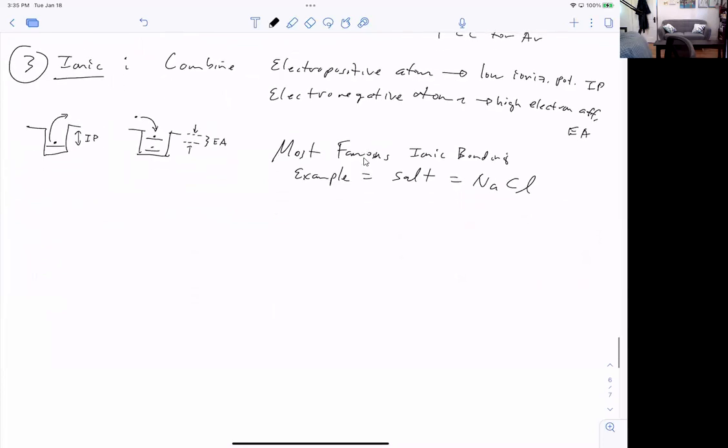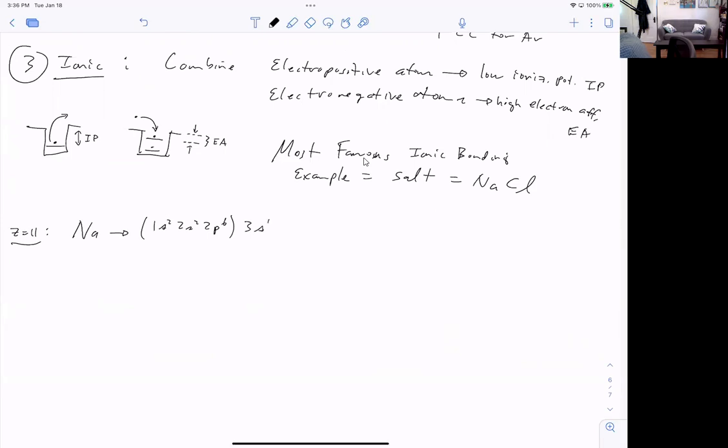It's kind of straightforward to get the gist of what's going on here. If I have sodium, which is Z equals 11, the electron configuration is 1s2, 2s2, 2p6, a filled shell, and then 3s1.